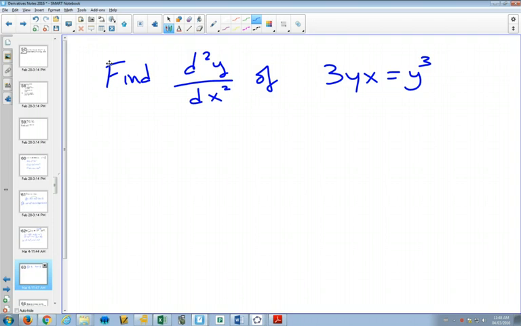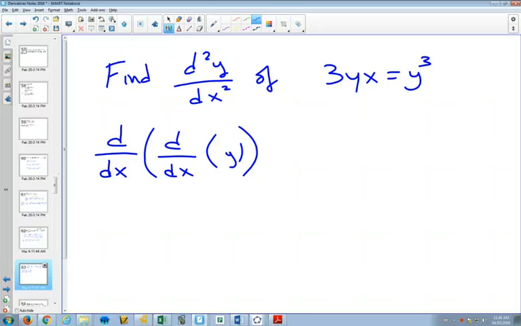Now, as far as this notation, the d2y over dx squared comes from the fact that we're doing the derivative twice. So this means take the derivative once. This means take the derivative again of y. That's basically what we're doing. On the top, you see that the two d's sort of go together. That's why the d squared is between the d and the y.